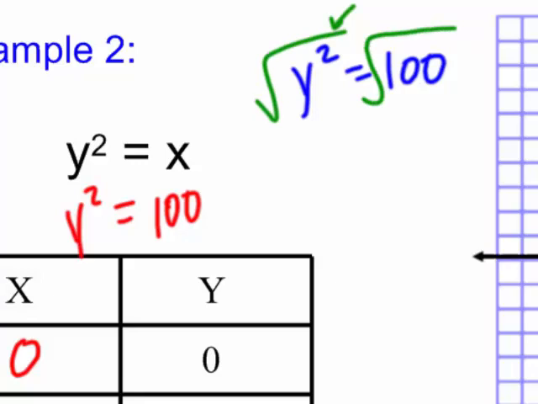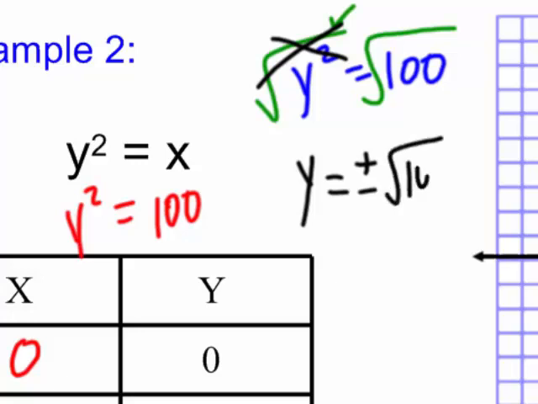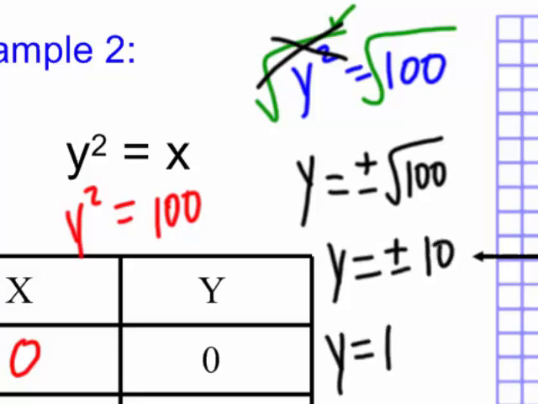If I square root a square, they cancel each other, and I'm just left with y. But we have to be careful that anytime I square root both sides, I always get plus or minus: plus and minus the square root of 100. That's 10, so I'd have plus or minus 10. So y is actually 10 and -10. When I have the plus and the minus, that means a positive 10 and a -10. So that's something new that we'll be using here.